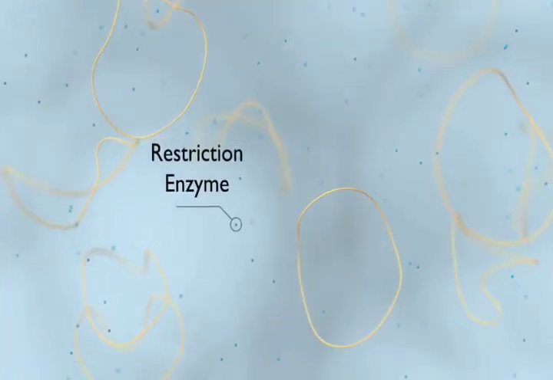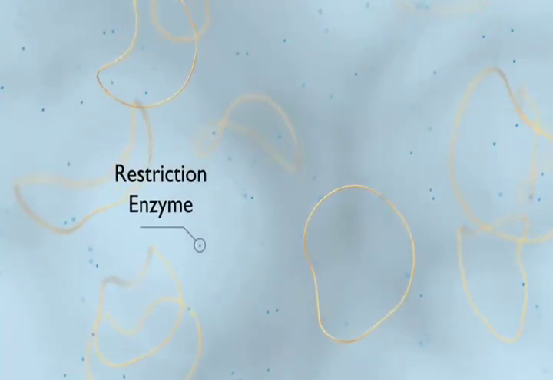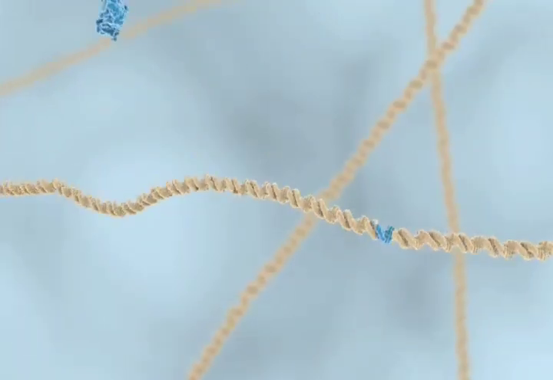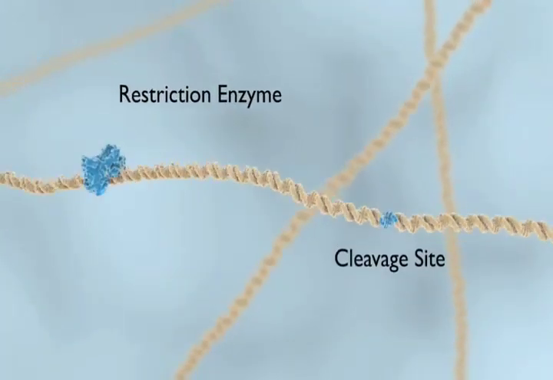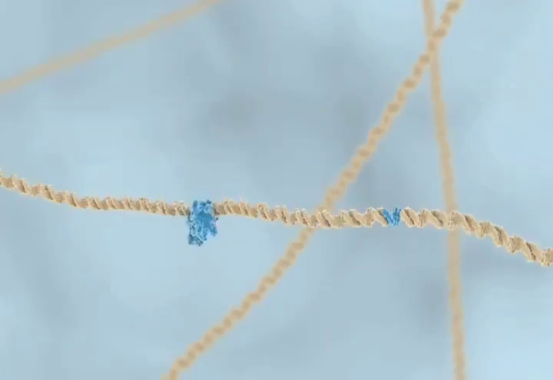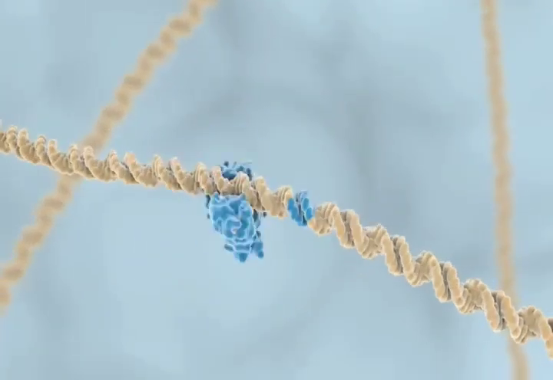Enzymes called restriction enzymes, which recognize, bind to, and cut specific DNA sequences, are used to open up a plasmid in preparation for the insertion of a gene.